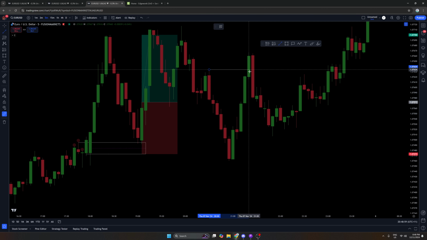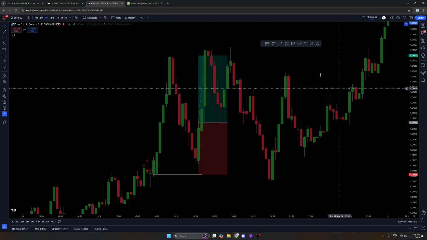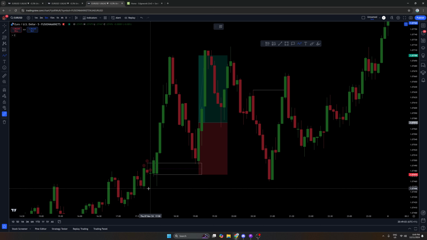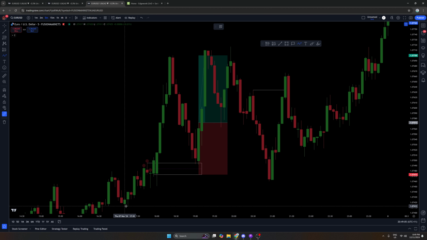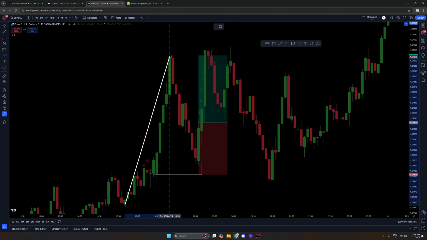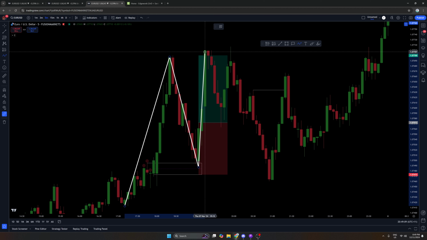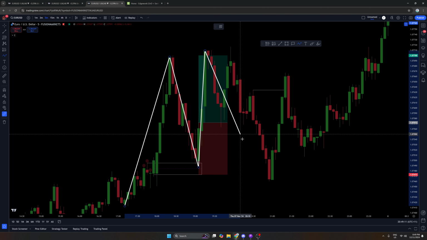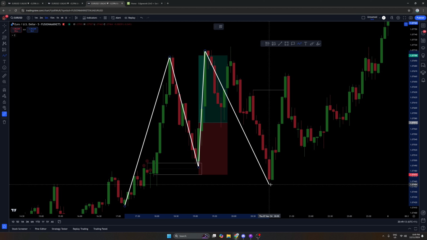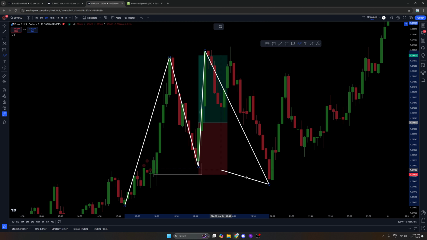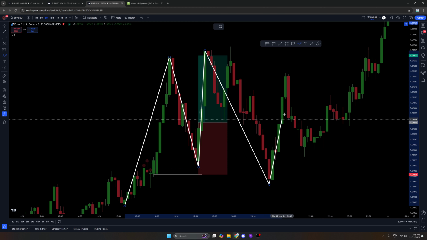Minor structure here again. Now this is minor structure because larger structure would have been the move from down here to up here to up here to here. Minor structure would have got confused as it now breaks and closes below this low, and they would have had a bearish break of structure.